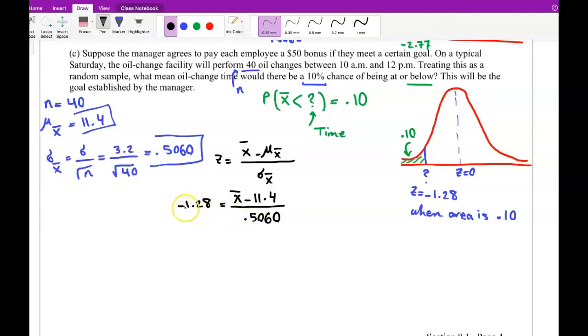Use cross product: negative 1.28 times 0.5060 equals x bar minus 11.4.